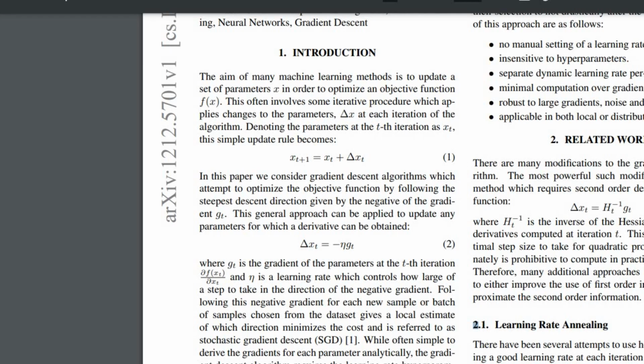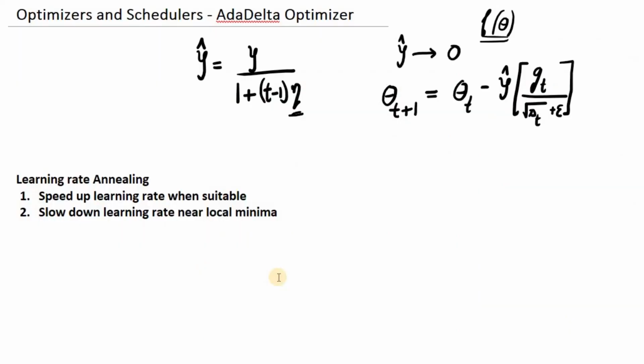Once we talk about it, we will be very confident about what exactly is being implemented in this algorithm. Learning rate annealing simply means learning rate adjustment. Here we can do a learning rate adjustment in two ways. We can either speed up the learning rate when suitable, which means that in the initial stages of the iteration steps we can make the model learn faster with a very high learning rate, and when the learning has stabilized a bit, we reduce it.